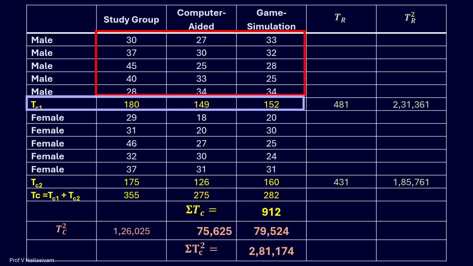Square both the values. They are 2,31,361 and 1,85,761. Place them in the adjacent column. Add these two squared values. It is sigma TR squared. It is 4,17,122.